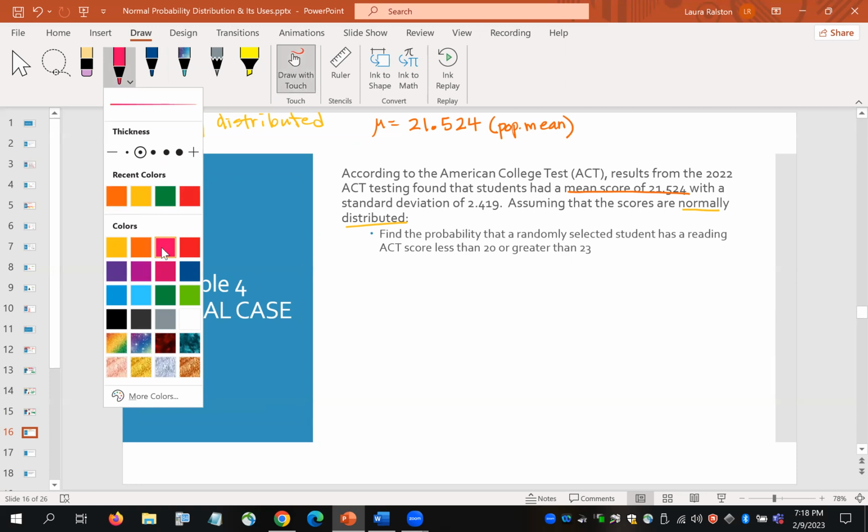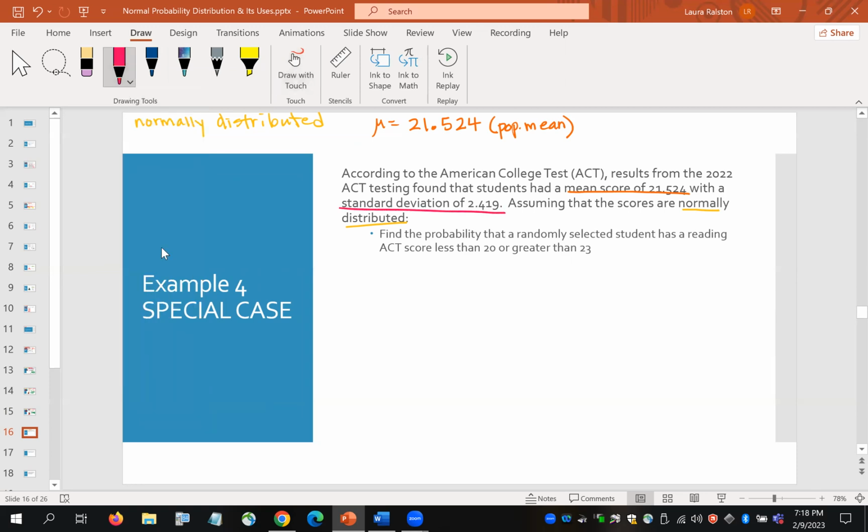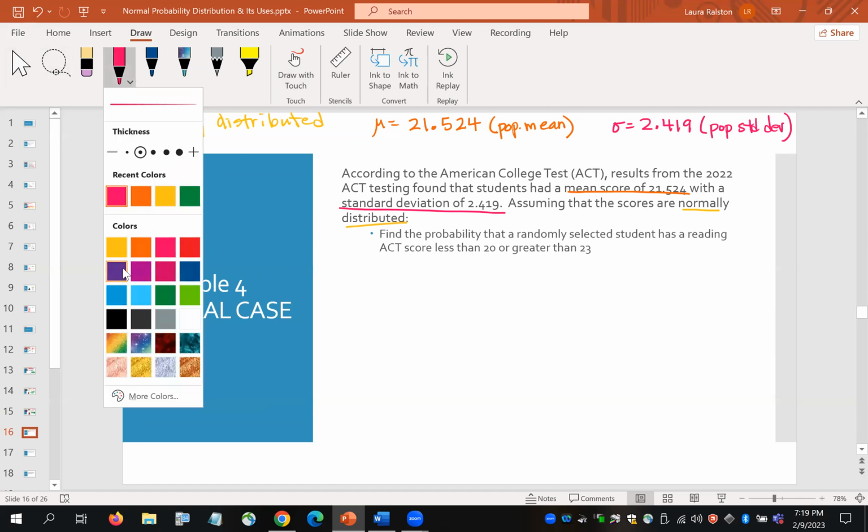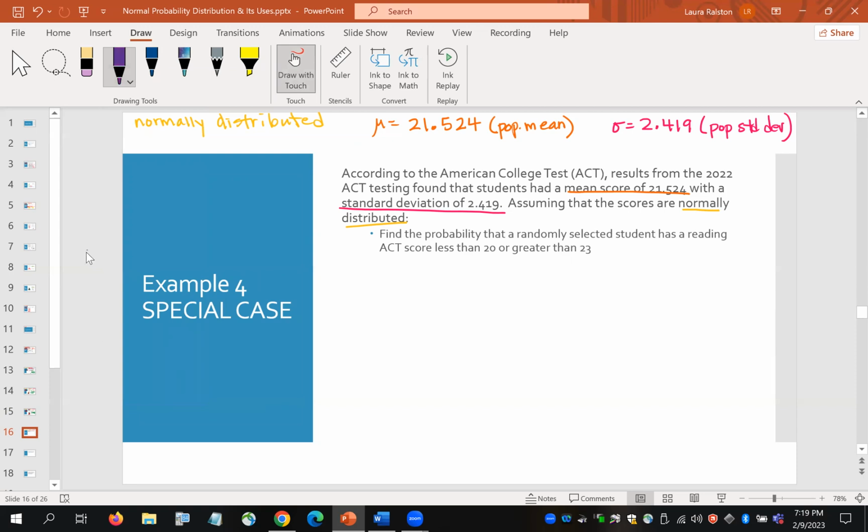The standard deviation is 2.419. And then the question says, find the reading score that is less than 20 or greater than 23. So we have two conditions.